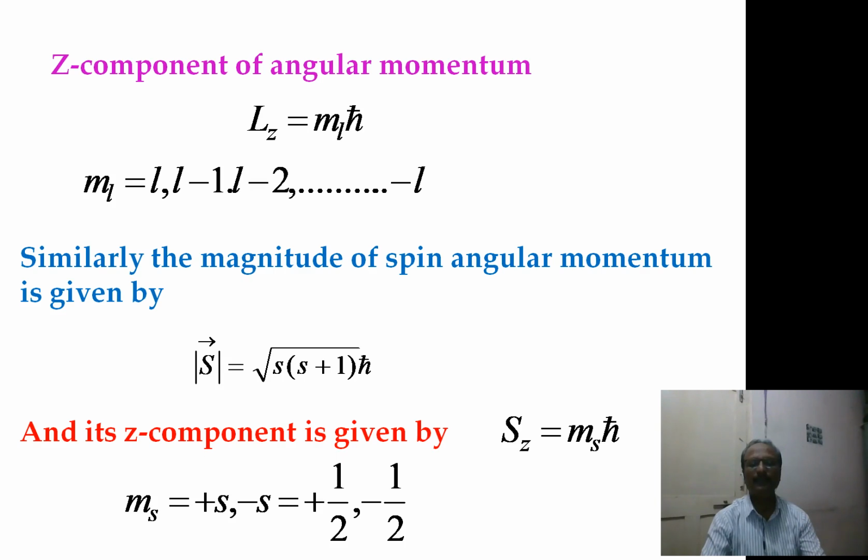Students, one thing is important here: while keeping in mind these quantum numbers, you must consider the motion of the electron in two ways, that is the orbital motion of the electron about the nucleus, which gives the orbital quantum number, and the spin motion of the electron about its own axis, which gives the spin quantum number.